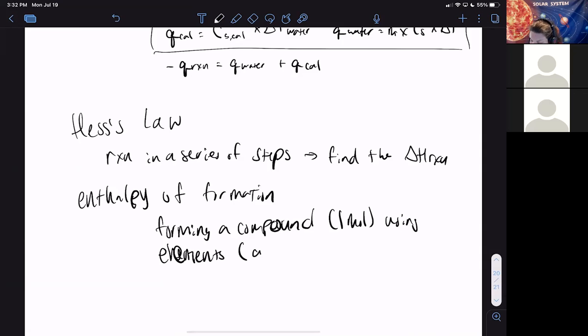So specifically atoms in their elemental form. So of course, it's good to know what the elemental form of an atom is. If you look at the periodic table, you can generally determine what state different things are in.